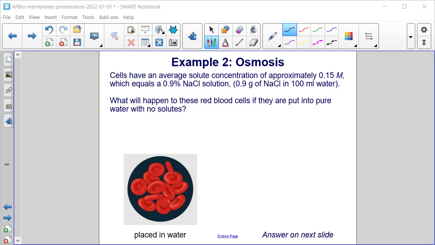Example 2, osmosis. Cells have an average solute concentration of approximately 0.15 molar, which equals a 0.9% sodium chloride solution, which would be 0.9 grams of sodium chloride in 100 milliliters of water. What will happen to these red blood cells if they are put into pure water with no solutes?